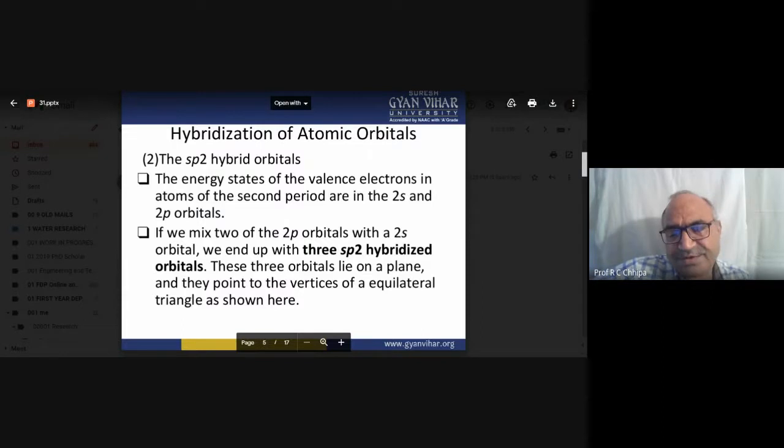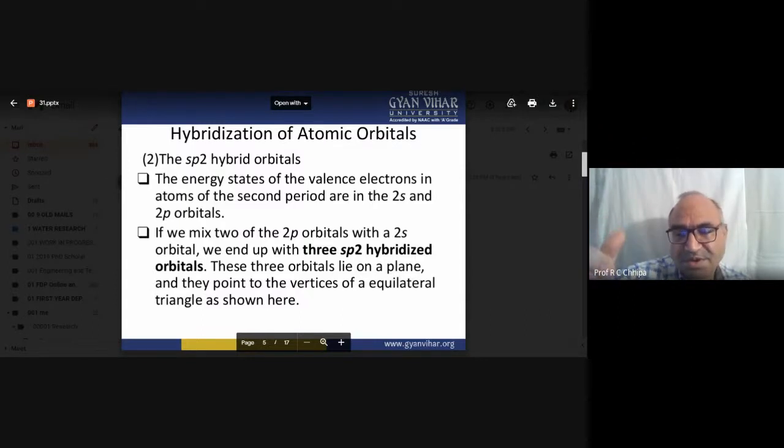That process is sp2 hybridization, whereas the third p orbital does not undergo hybridization.